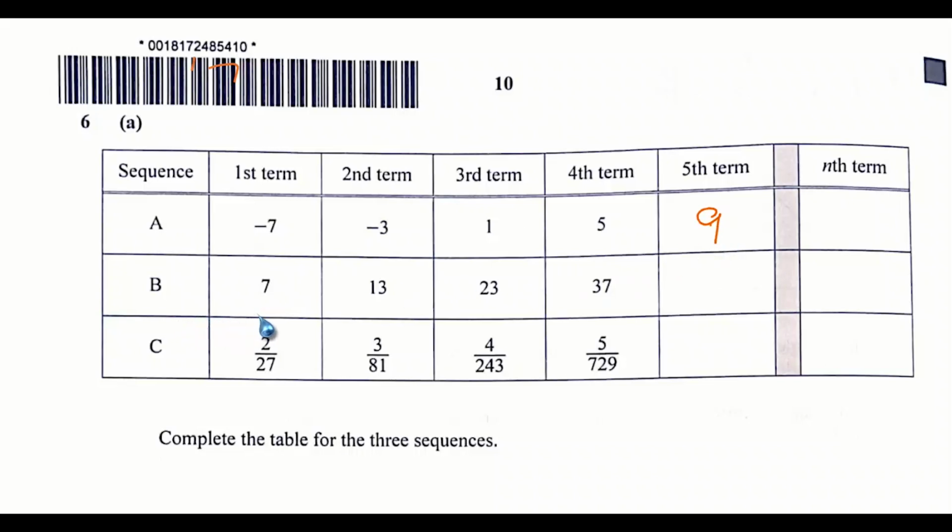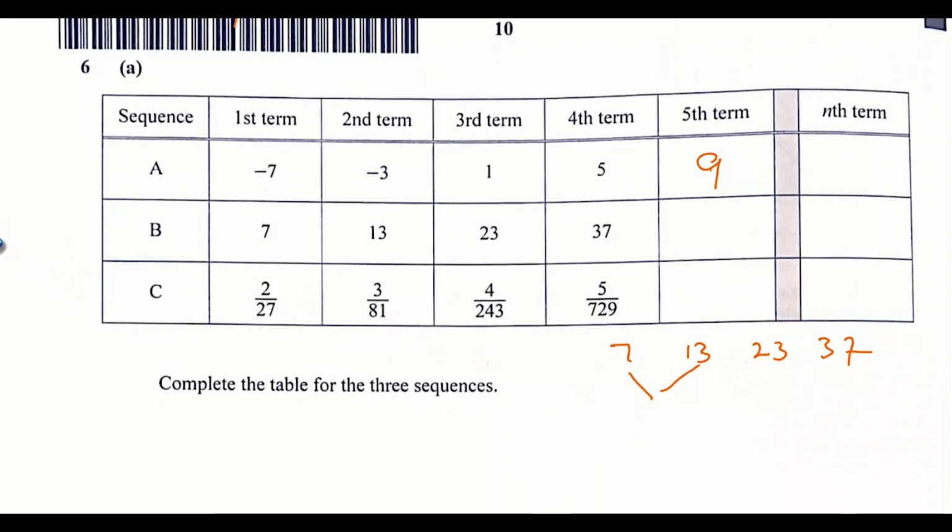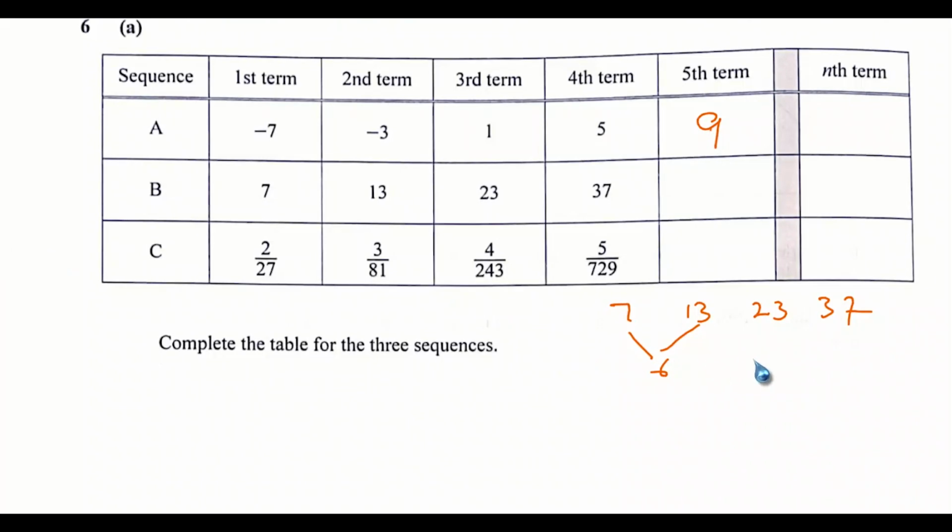For sequence B, this is a quadratic sequence because we get a common difference at the second difference. So let's write it here: 7, 13, 23, and 37. So 13 subtract 7 gives you 6. Then 23 minus 13 gives you 10. 37 minus 23 gives you 14.